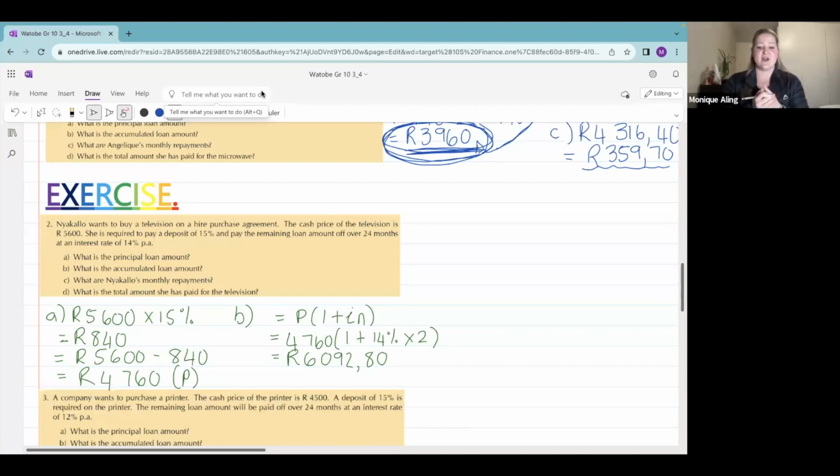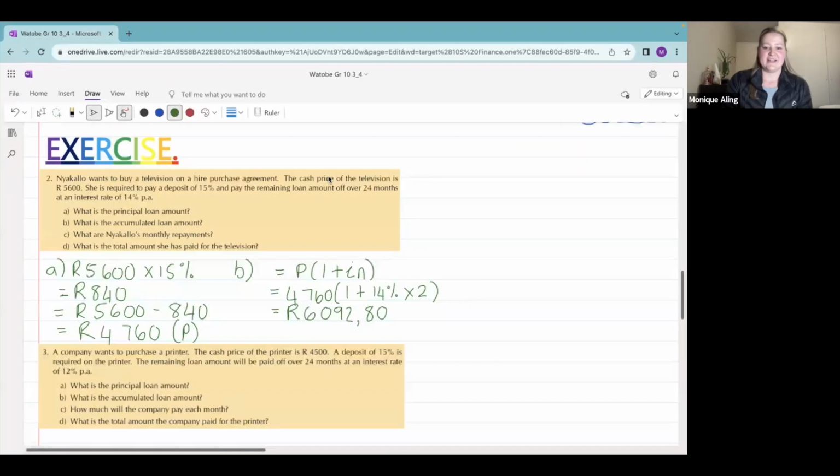Okay, C. What are the monthly repayments? Danver, thank you. Yes. And Sejo, you are saying it's 2.5. Yes, well done. Divide by 24. Correct. Good, Larato.